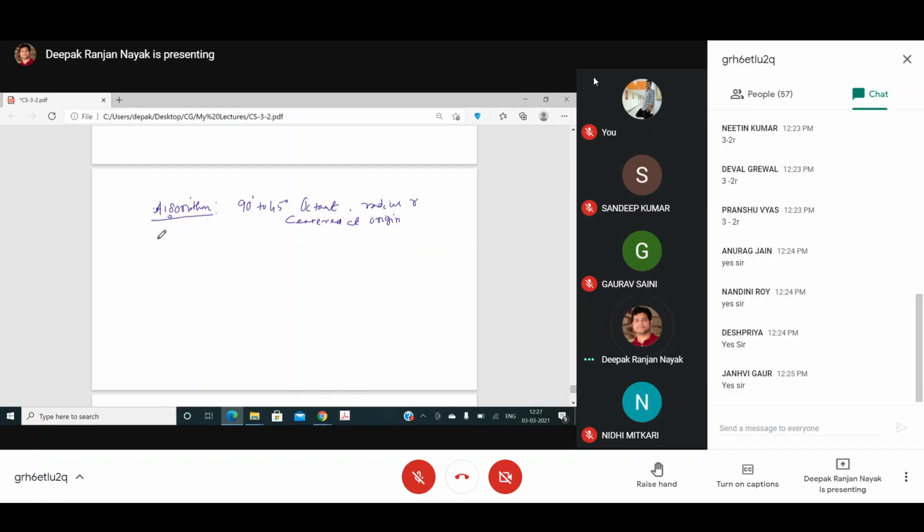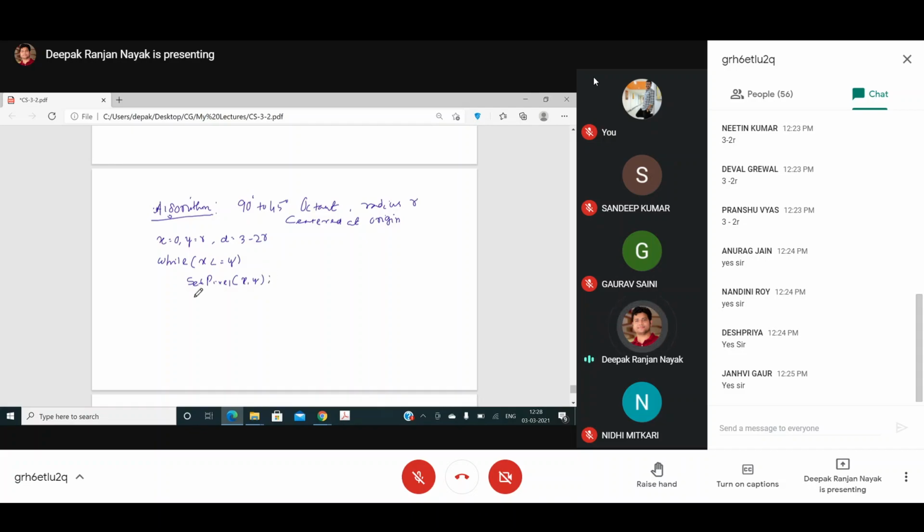Initially my x value will be 0, y value will be r. You are at the first point, if you remember, on the y axis, and my first d value is 3 minus 2r. So I can simply write the code here. While x less than or equal to y is the condition, set pixel x and y, initially 0 and r.